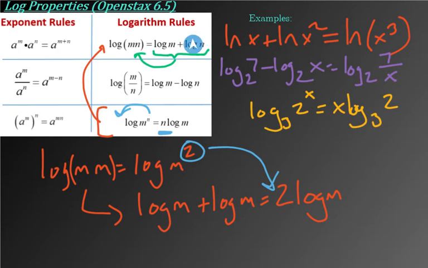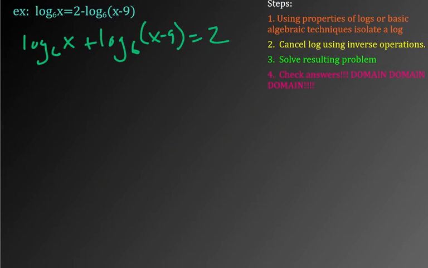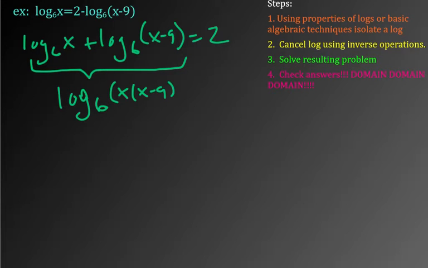Now, if 2 are added together like this, I can just consider that as multiplication of the insides, like the m and the n, okay? So this is now really going to combine to log base 6. It does have to be the same base, but they are. And then x times x minus 9 now equals 2. And then now it's just like a problem from the last video. Now you can just use inverse operations and just kind of proceed like it was one from the last video.